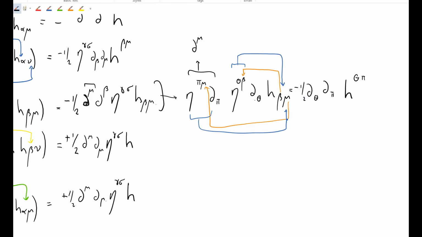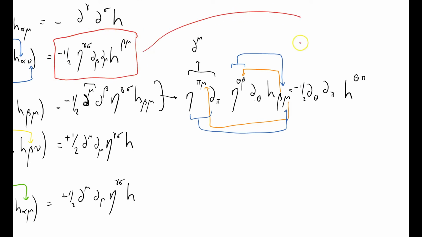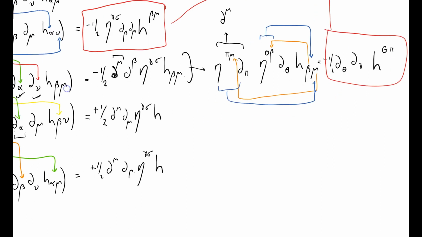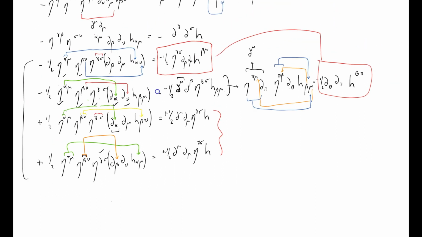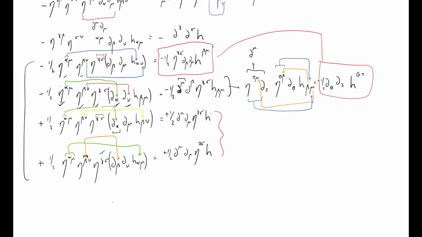So now, I'll do this in red, we can see that this term here is the same as that term there. All I've done is I've got gamma and I've got beta and mu here, and I've got theta and pi here. So they're the same, in the same way that these guys here are also the same. So now I can coalesce these two terms together, or two pairs of terms, in fact.